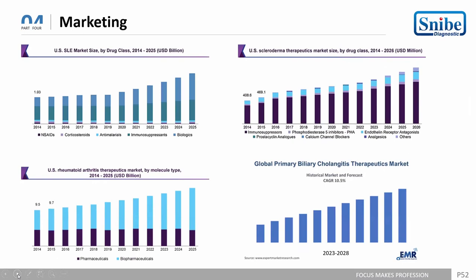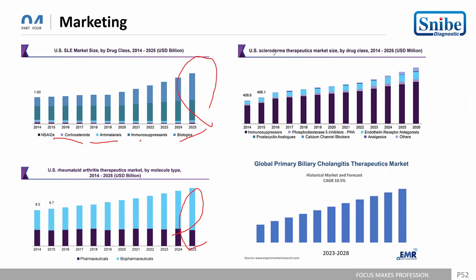If we go to the US SLE market, it has been growing from 2012 to 2015. You can see here the corticosteroids, antimalarial hormone, immunosuppressive drugs, and biologics are increasing. And if we talk about rheumatoid arthritis, this is also increasing from 9.5 to 18.6.